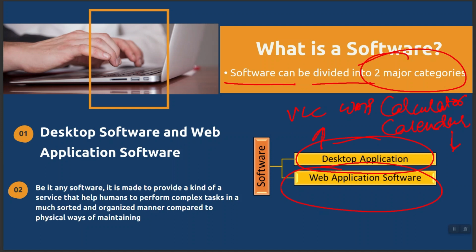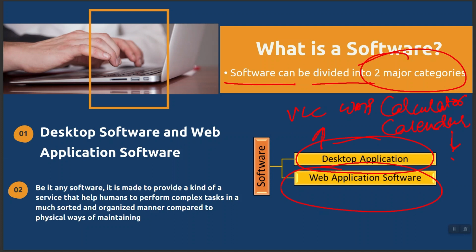But for that, you have to install these softwares or they are automatically installed with your operating system. Like tomorrow, if you want to run Eclipse in your system, you have to install this software. You have to set up your environment variable so that your Java is acknowledged by the system, and then you are going to write the code on this particular editor. Eclipse is an editor, right, used for Java coding.